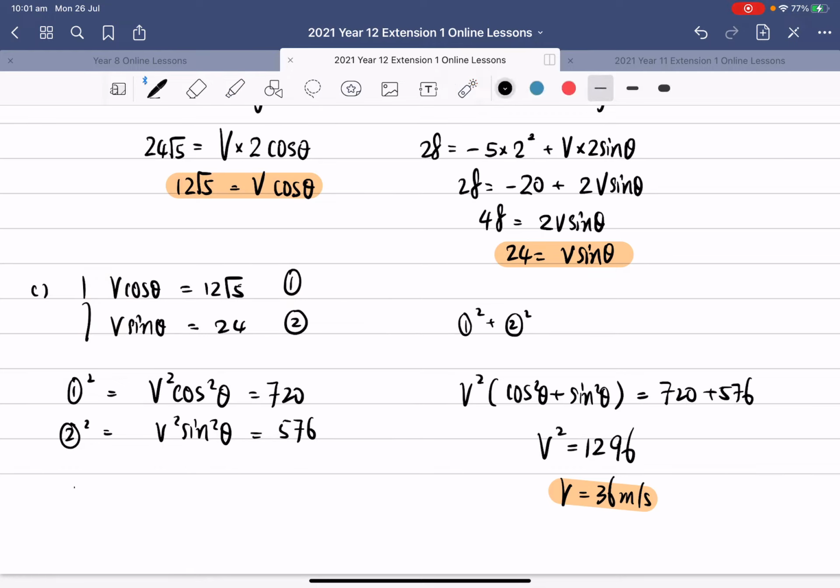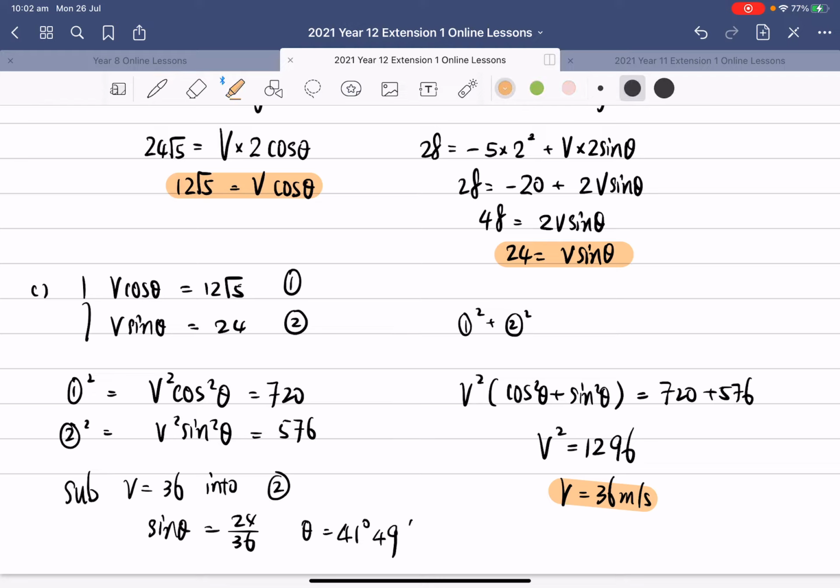If we sub v equal to 36 into equation 2, we end up with sine theta is 24 over 36. Theta is equal to, now we need to make sure the answer is to the nearest minute. So let's see. That's 41 degrees and 49 minutes. Okay, so that's the answer.